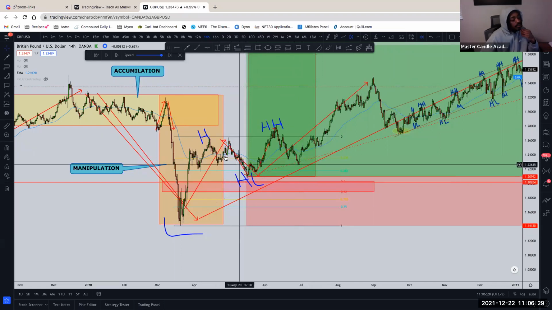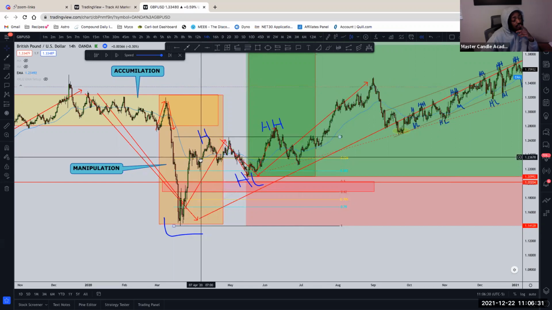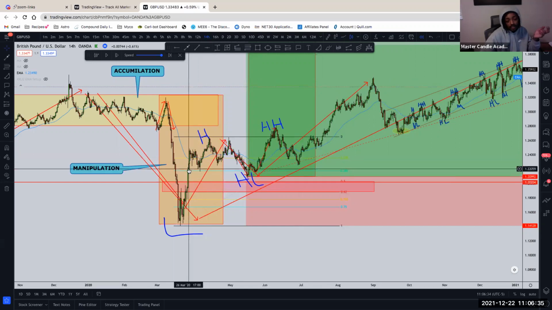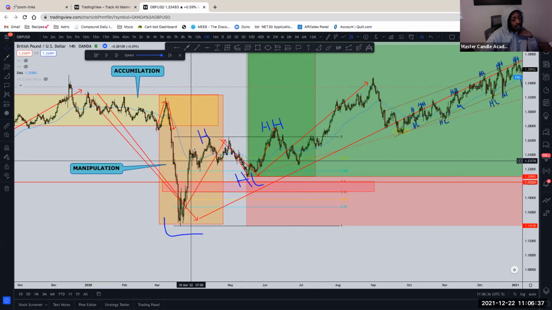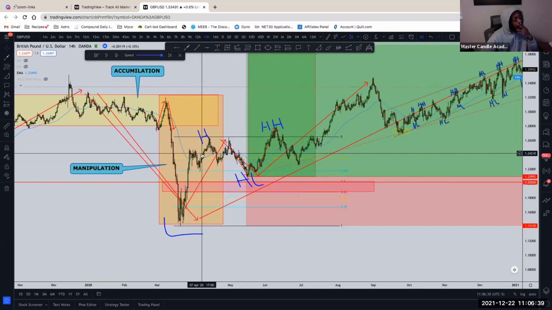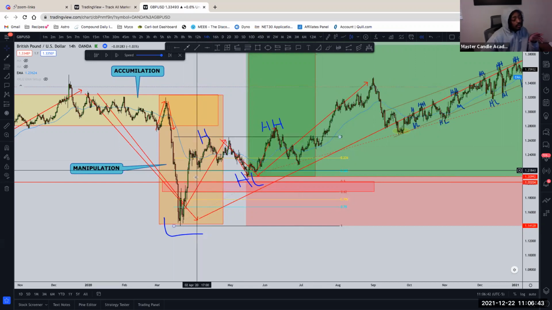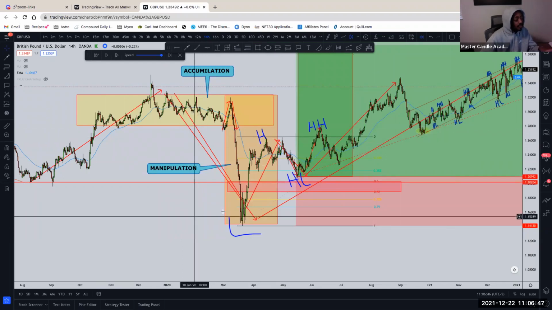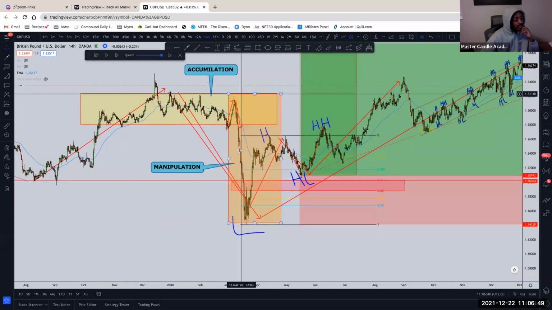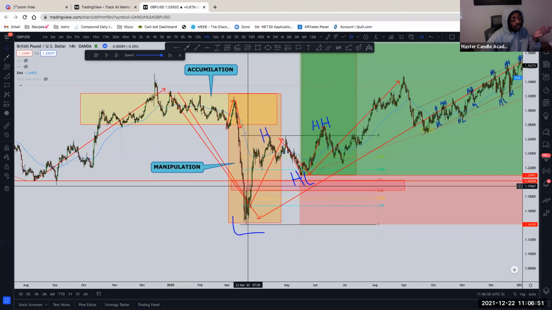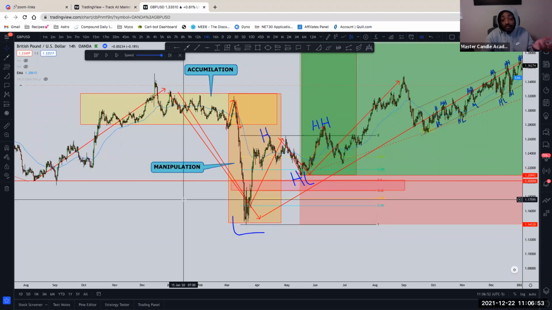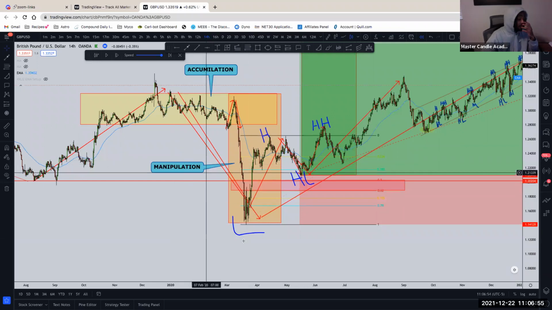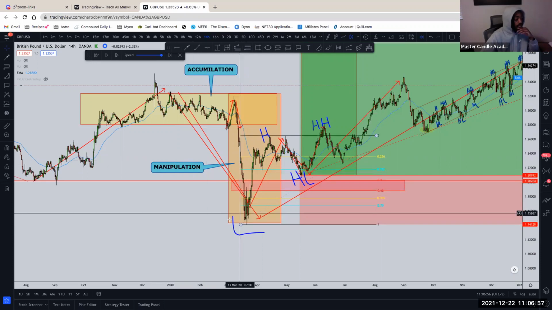Because the moving averages won't show you what the market wants to do until after the market does it sometimes. That's the one thing I do notice. So if you are going to use them, please understand all of these other tactics, right? Please understand the manipulation, because that might freak you out and tell you, okay, well, I'm not going to be looking for buys when you should be looking for this very point.